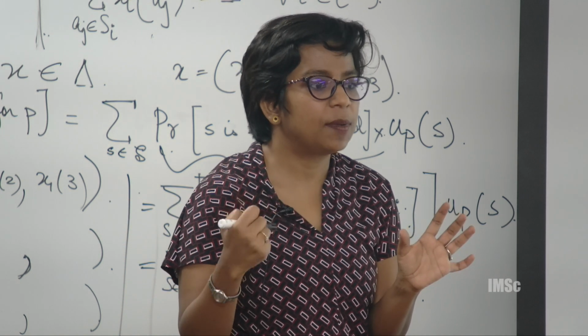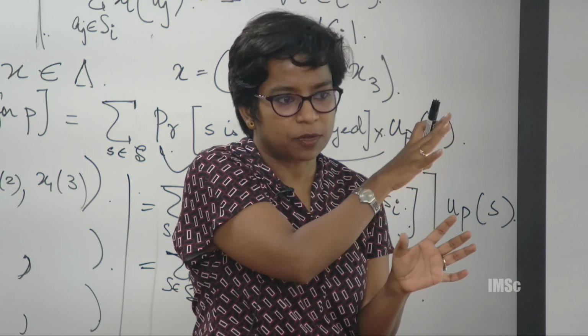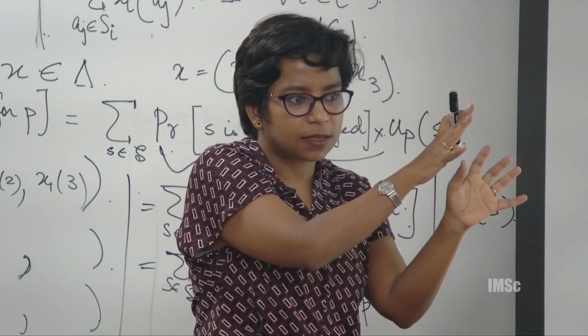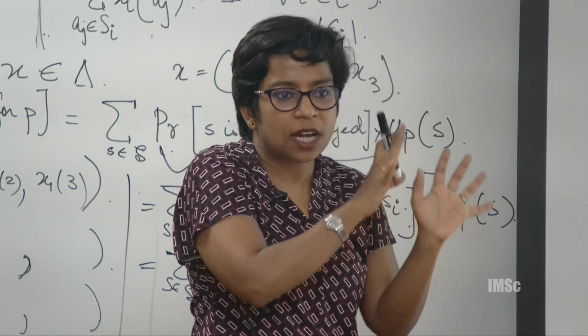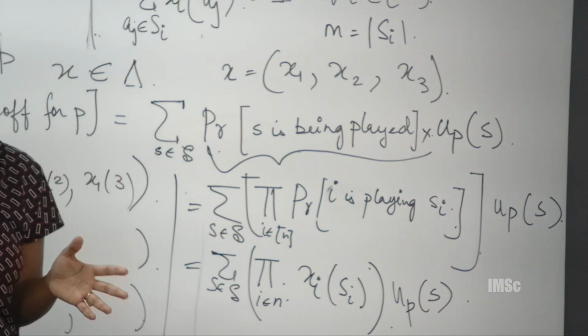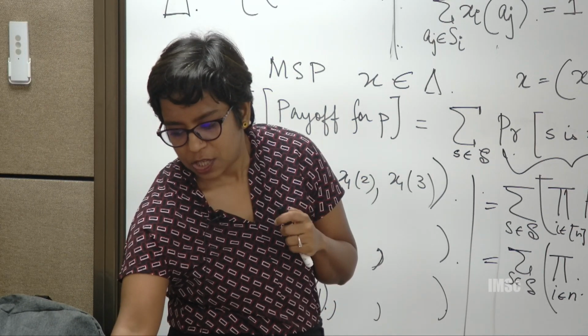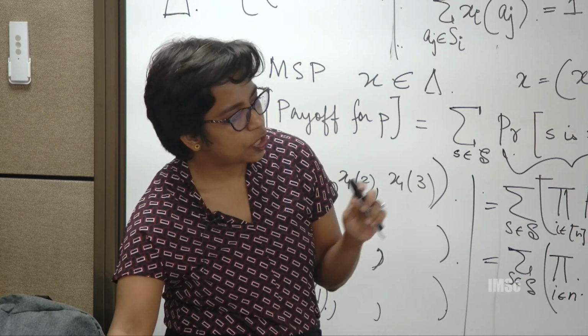In Nash equilibrium, others continue to do what they were doing before, and you are the only one deviating. So a dominant strategy equilibrium, when it exists, is a much stronger form of equilibrium. All right.